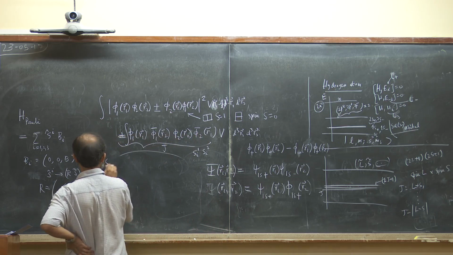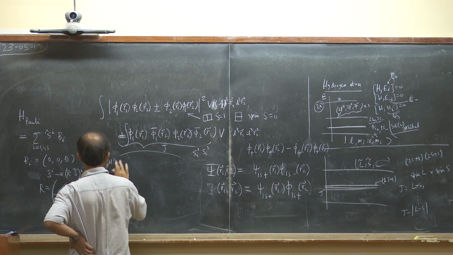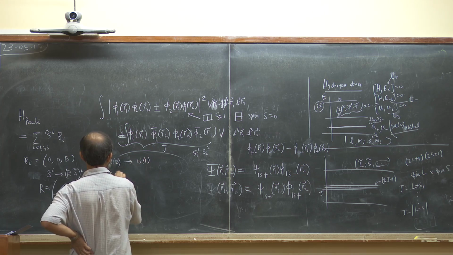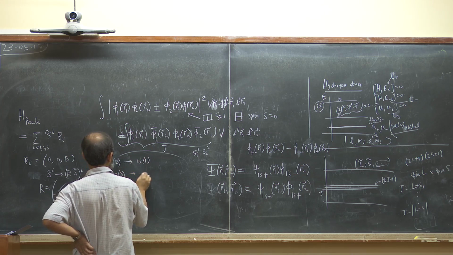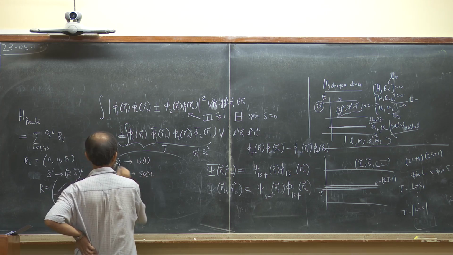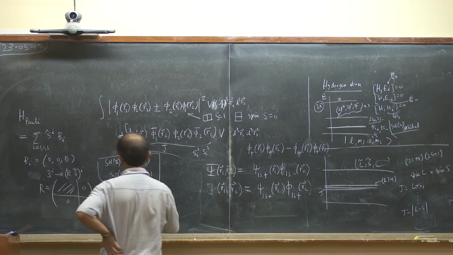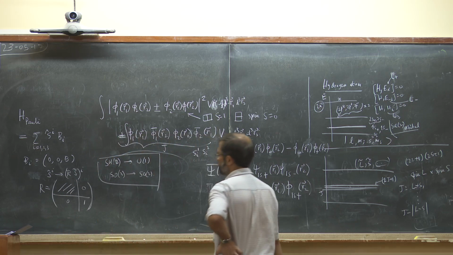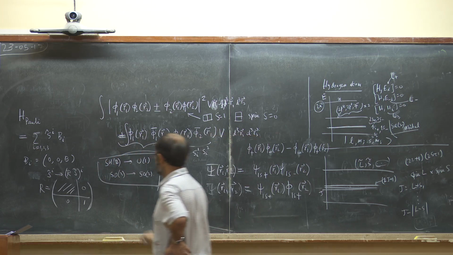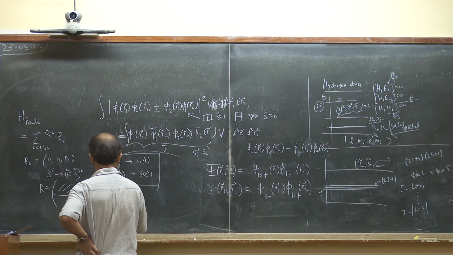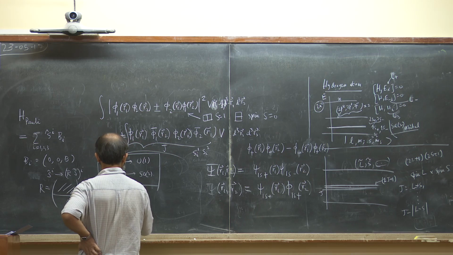So this is called SU2 to U1 breaking, or SO3 to SO2 breaking. It's called explicit symmetry breaking as against spontaneous symmetry breaking, which we'll also see in a moment. So this is called explicit symmetry breaking.